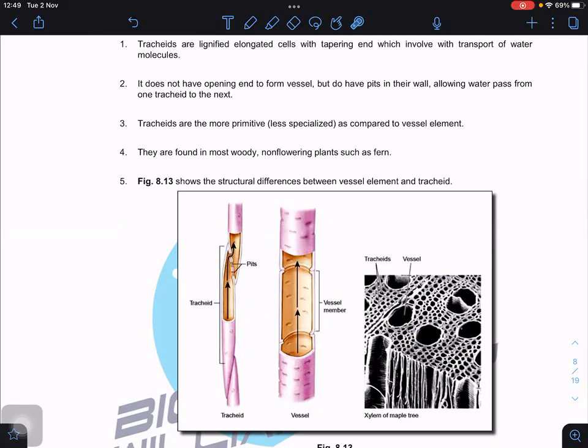Okay, so a tracheid does not have open ends to form a vessel, but it does have pits to allow water molecules to pass through. Their role is to transport water as well. Tracheids are more primitive compared to the vessel element.